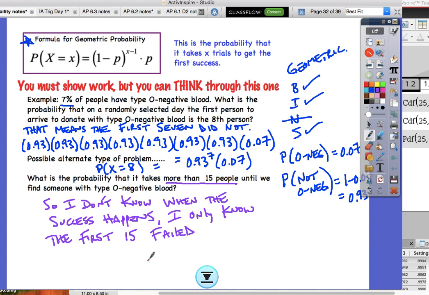So all I know is that I failed 15 times. I don't know when the success happened. All I know is that there were 15 failures. And that would be your probability that it's going to take more than 15 people until we find someone with O negative blood. So this is what geometric is like. You can reason your way through it. It feels more like a standard probability type question.